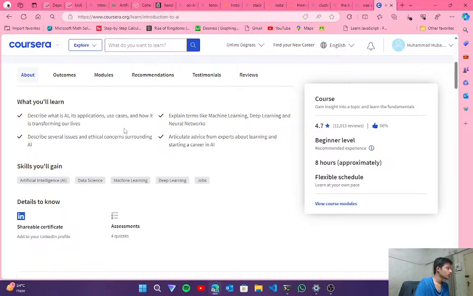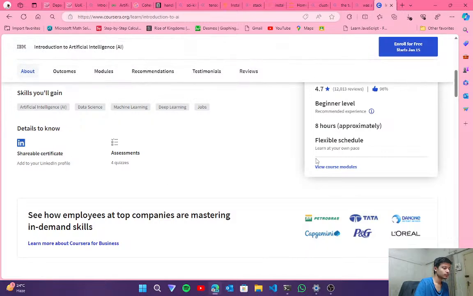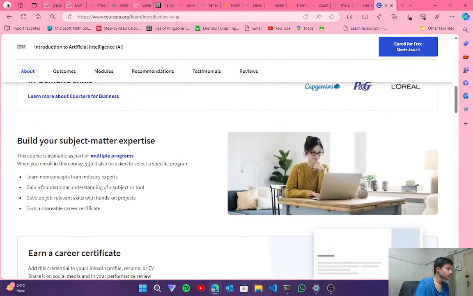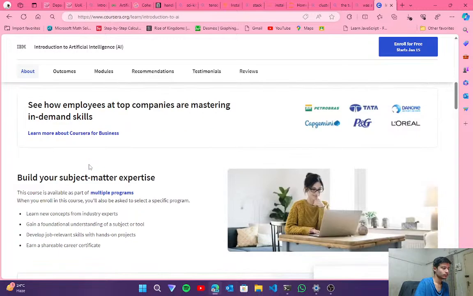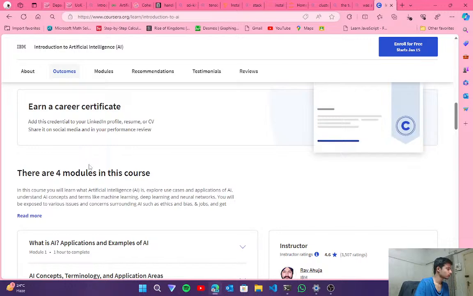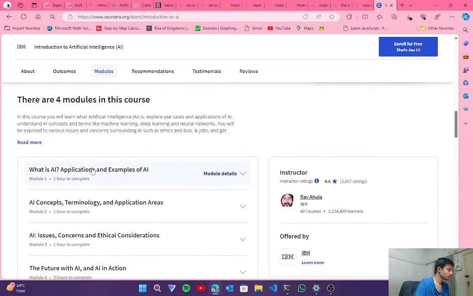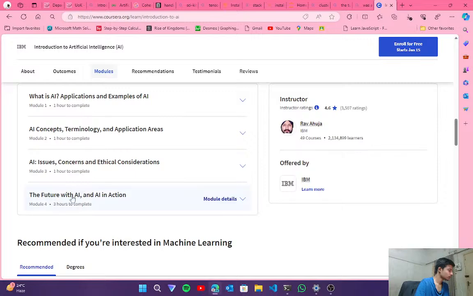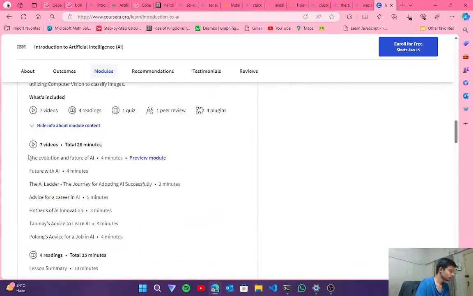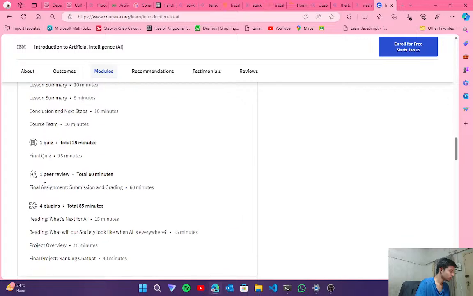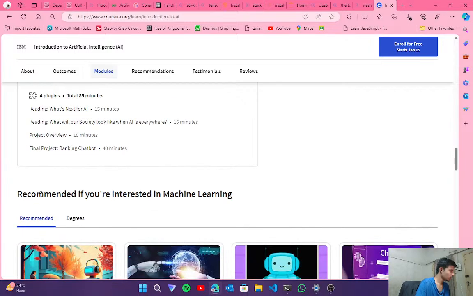Describe what AI's application is. Yeah, I think we can do that.